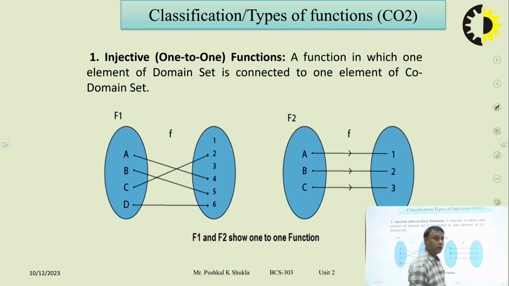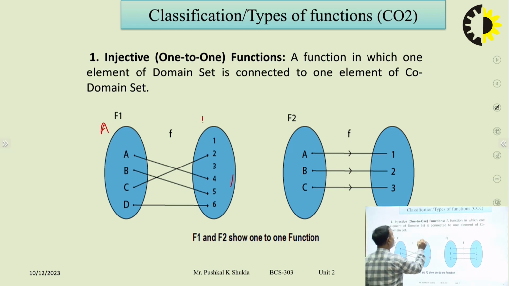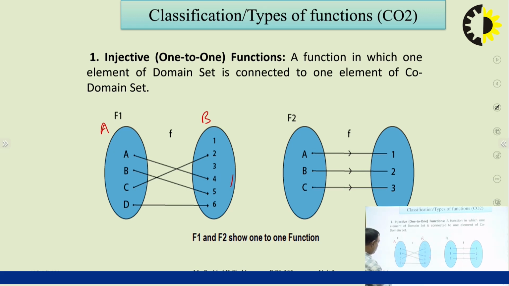Now come to the classification types of function. There are different types of function we have to study. First is the injective, or one-to-one, function. It is a function in which one element of set A, one element of the domain, is connected to one element of the codomain set. Suppose this is set A and this is set B, and the function is defined like this.